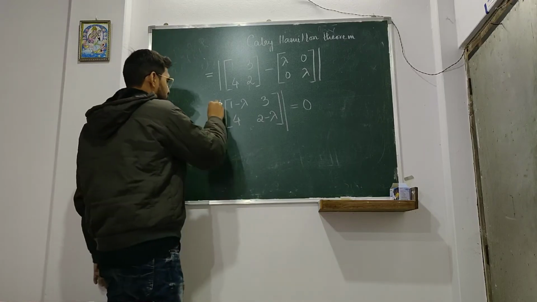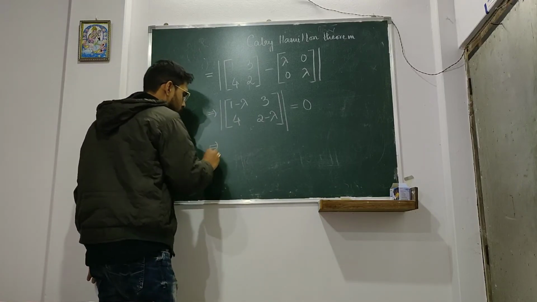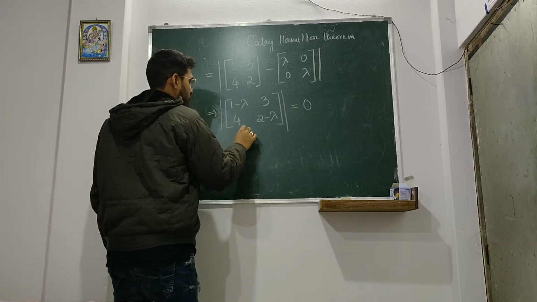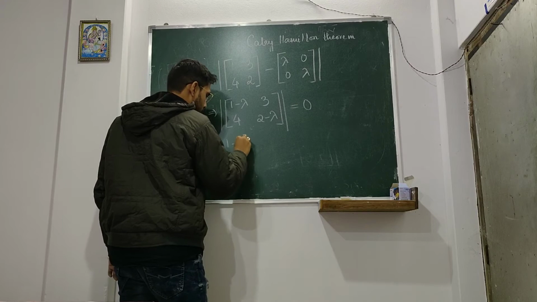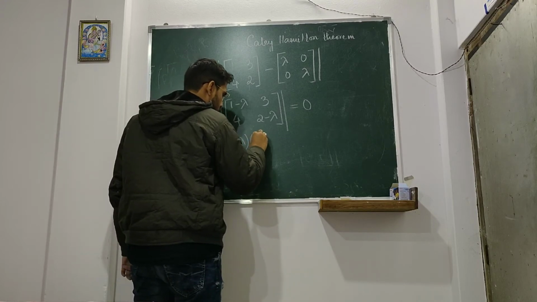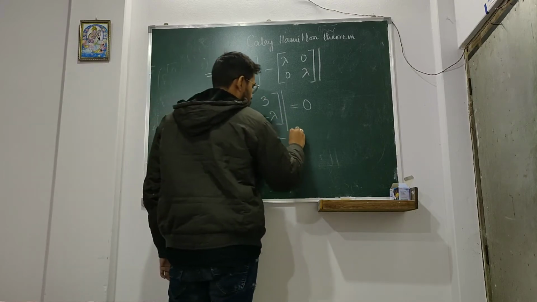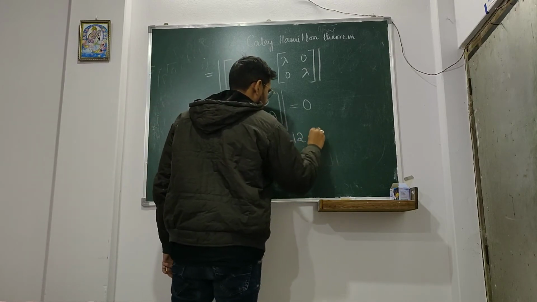Now we are going to put the quadratic form of the equation. So if we put the determinant of this matrix, we will get 1 minus lambda into 2 minus lambda minus 4 into 3, that is 12, equals to 0.